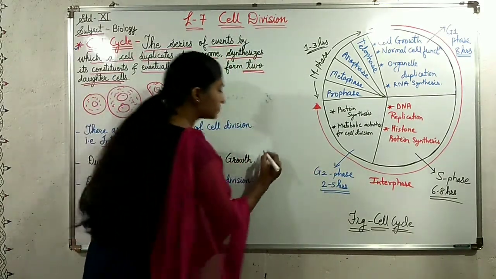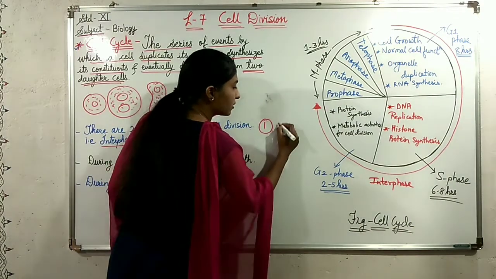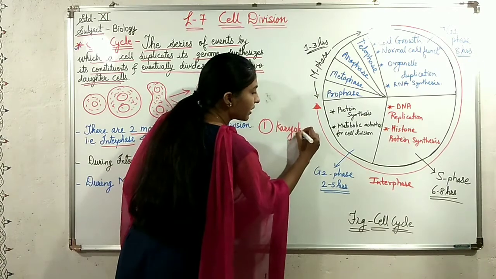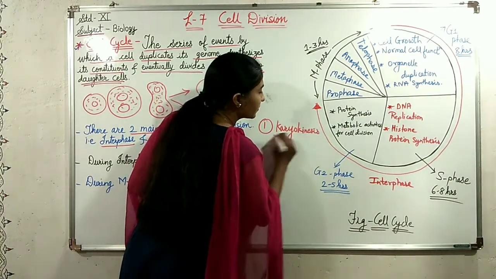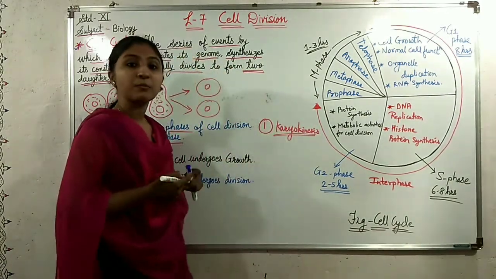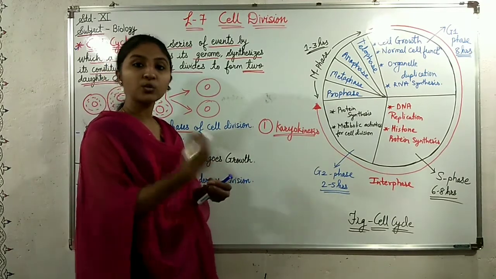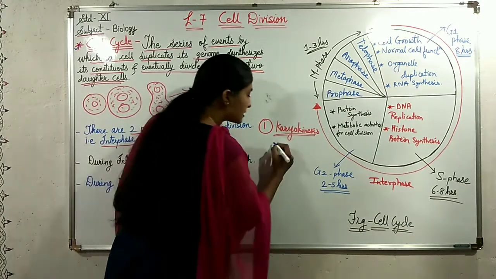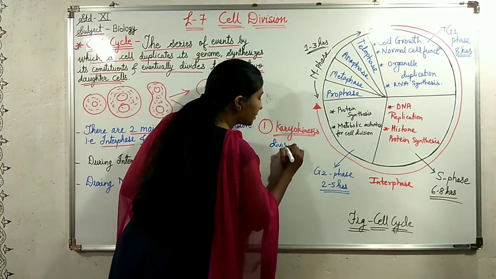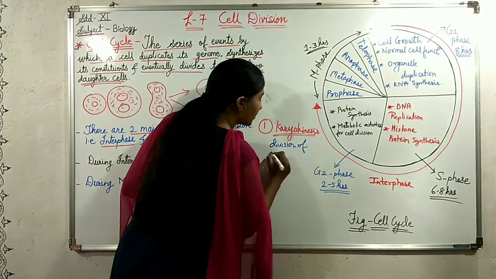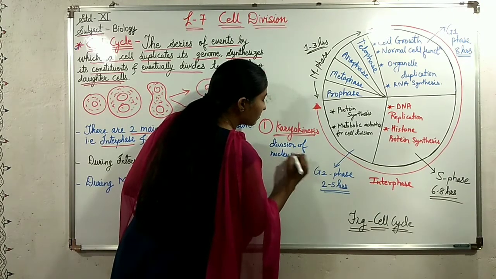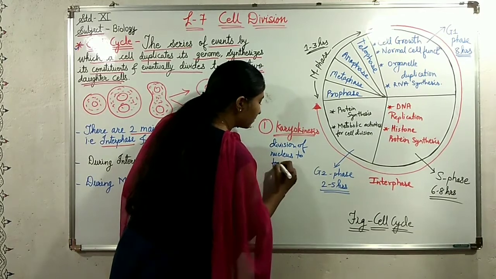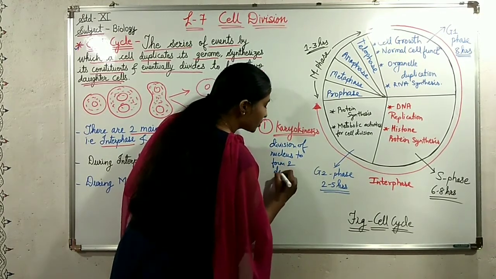First one is karyokinesis. Karyokinesis means division of the nucleus which is present inside the cell to form 2 daughter nuclei.